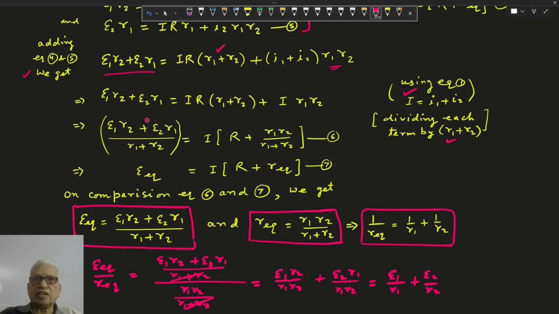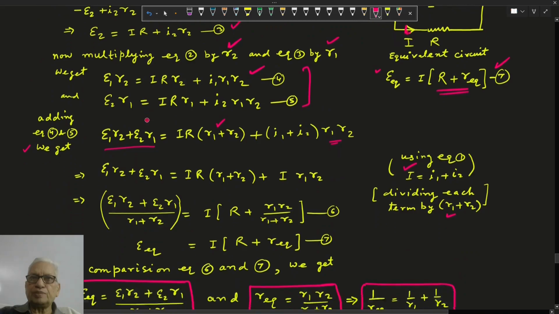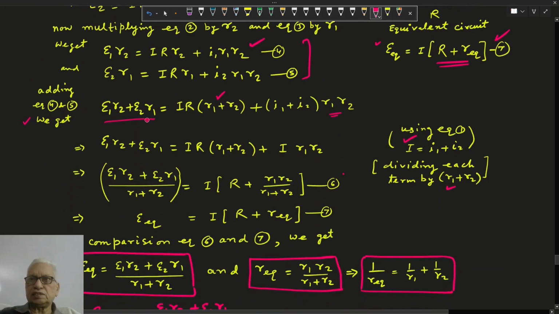Now this is the equivalent circuit of the combination. Here the EMF of the whole combination is E equivalent and its internal resistance is R equivalent, and this is the external resistance. Current is I. Suppose here we write E equivalent is equal to I times the total resistance, given by equation 7. Compare equation 6 and equation 7.